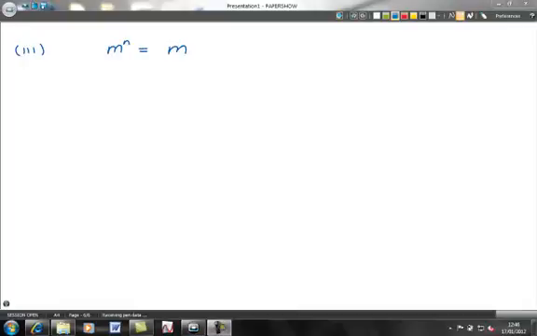One of the things I wrote down earlier on for you, I'll just put it over on the side, is that (P inverse MP) all to the n was equal to P inverse M to the n P. So, looking at that fact, it looks like we're going to try and do something with this.